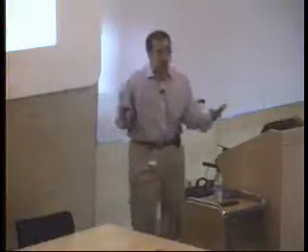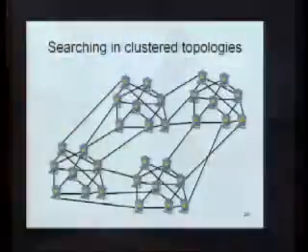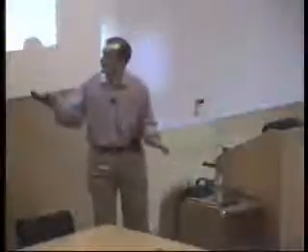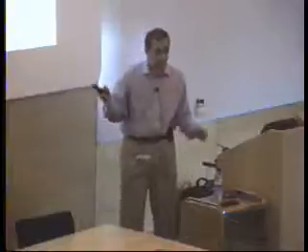To give you more illustration of why searching with random walks performs well in topologies which have good clusters, I will use the following example. We have a network that has some clusters, but there are also some inter-cluster links that guarantee good connectivity.